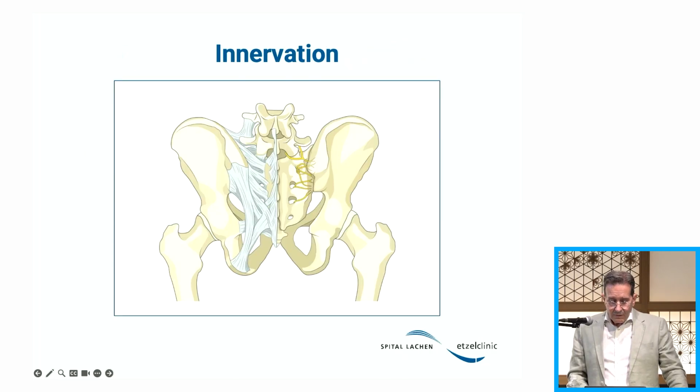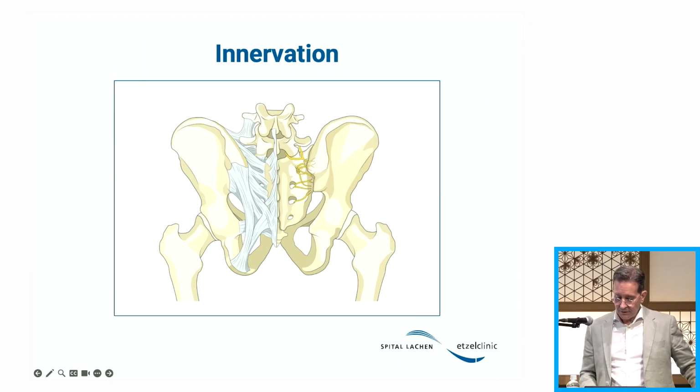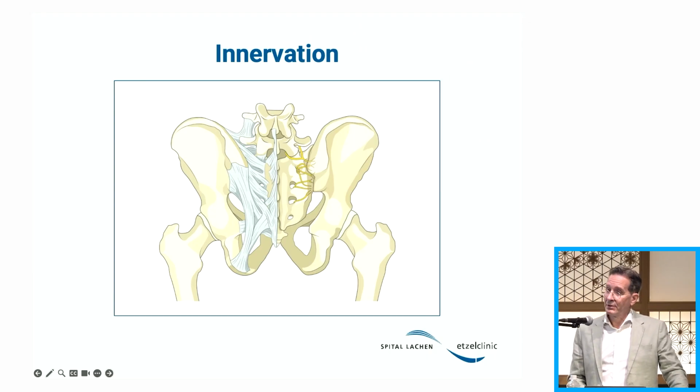And if you look at the whole innervation of the ligamentous part of the SI joint, it comes from the medial branches S1 to S3 and from the dorsal ramus of L5 and the medial branch of L4. That means if you have to test all these, you have to test a lot of extra-articular nerves as well.